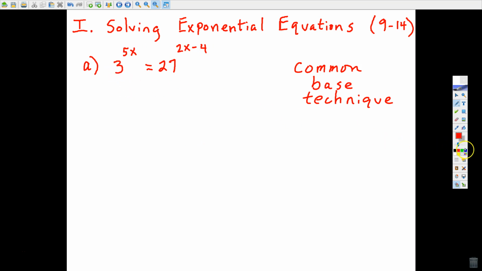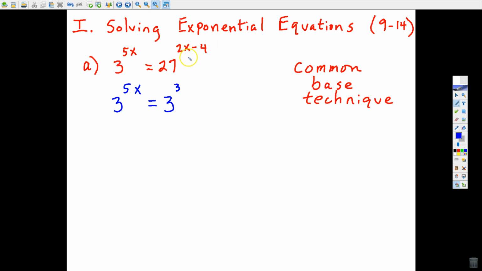I already know by looking at this problem that I could rewrite 27 as 3 to the third power, right? So I'm going to turn this into an equivalent equation, but instead of writing 27 on the right side, I'm going to show it as 3 cubed. Still 27, but written differently, but equivalent.